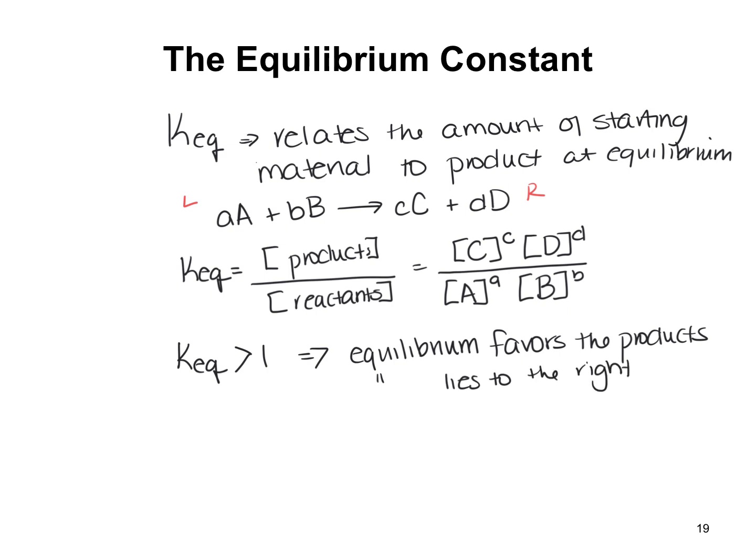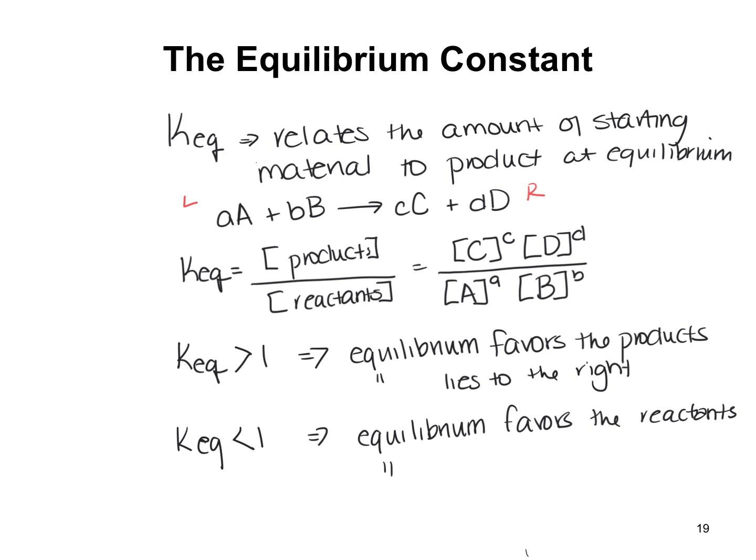Okay. If KEQ is less than 1, that means that we have a larger number in the reactants than the products, or in the denominator than in the numerator. So we have a bigger number of reactants than products. So that equilibrium favors the reactants, and the equilibrium then lies to the left.